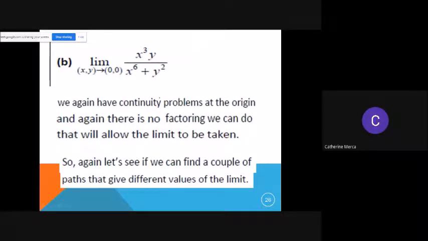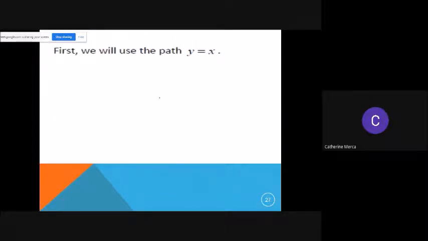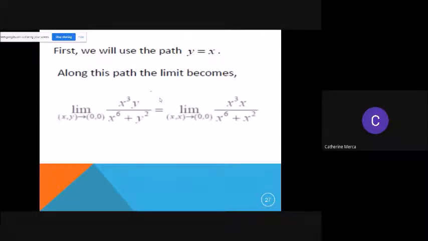So, we can find some paths again that give different values. You can consider the path y equals x. Along this path, the limit becomes what value?